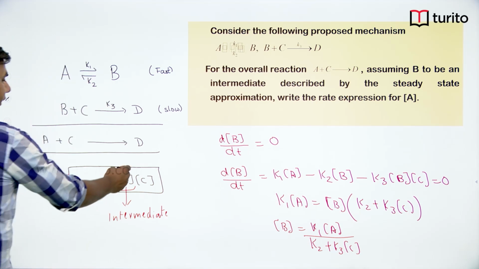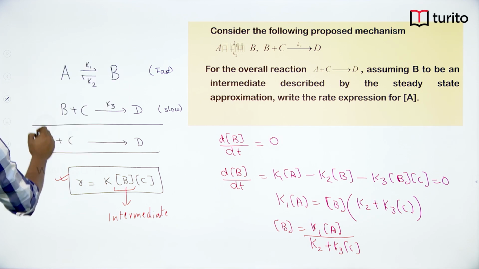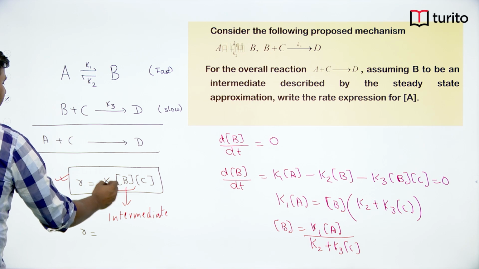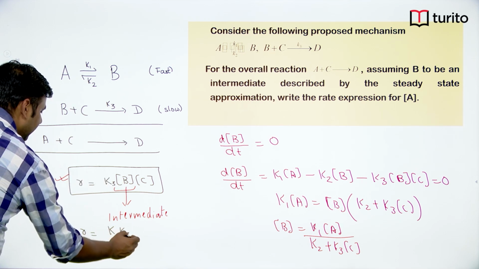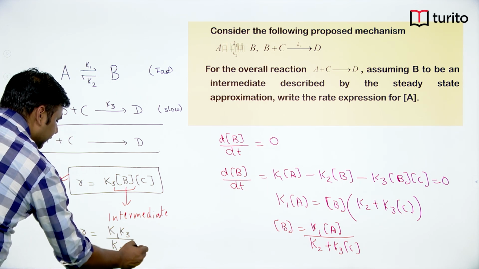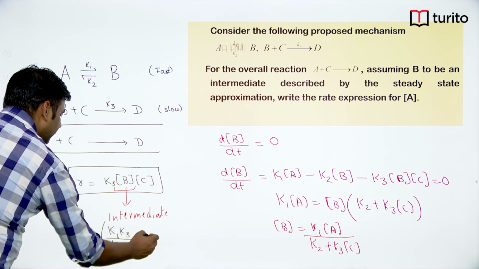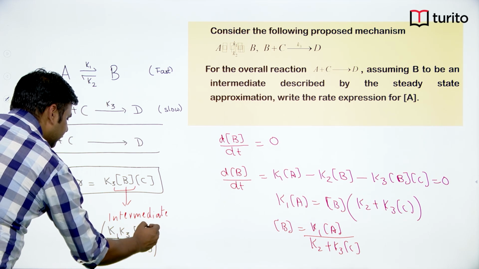Now when we put back the concentration of B in the equation, the rate will become K1 into K3 upon K2 plus K3 into concentration of C, into concentration of A into concentration of C.